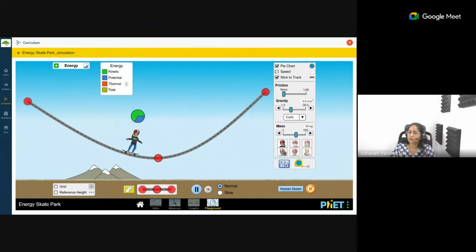You can keep all this on and see when friction is none and when gravity is not there and when gravity is more. And you can reduce the mass even. And if you want to see how it happens on the moon, that also you can check.